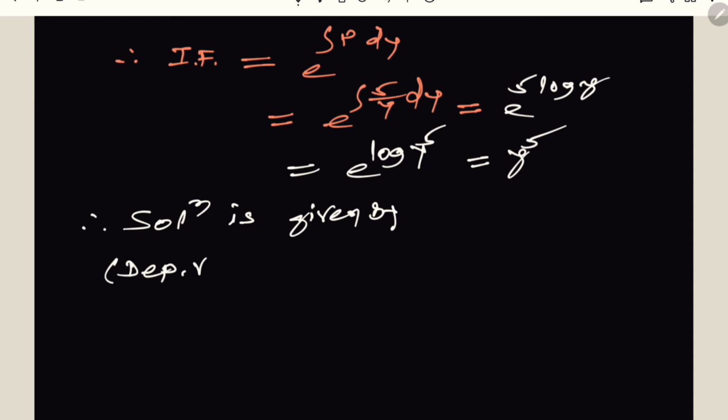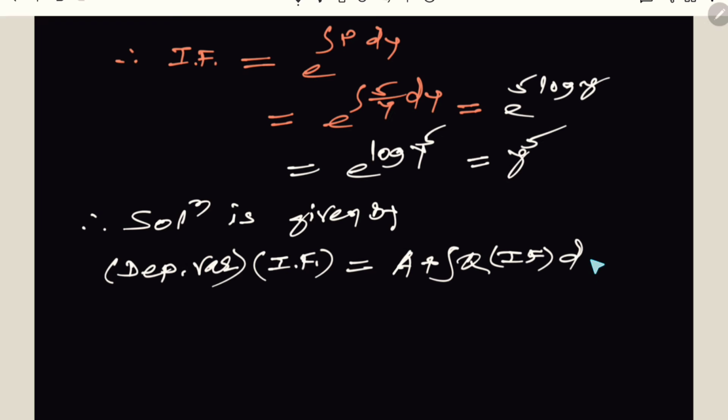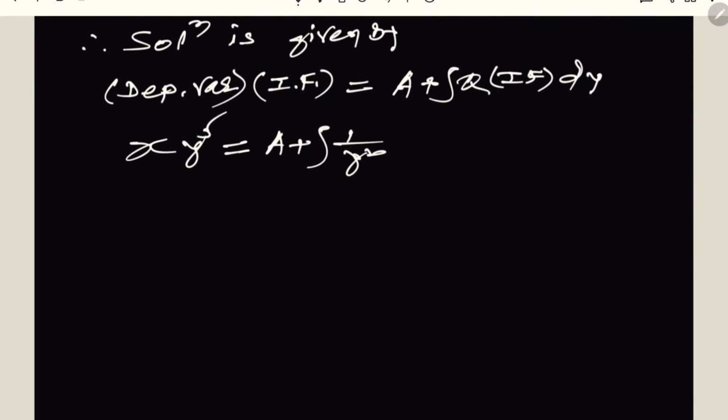Then the solution is obtained by: dependent variable into IF is equal to A plus integration of Q into IF with respect to y. Substituting the dependent variable as x, IF as y raised to 5, x y raised to 5 is equal to A plus integration of Q, that is 1 by y square, into IF, which is y raised to 5.